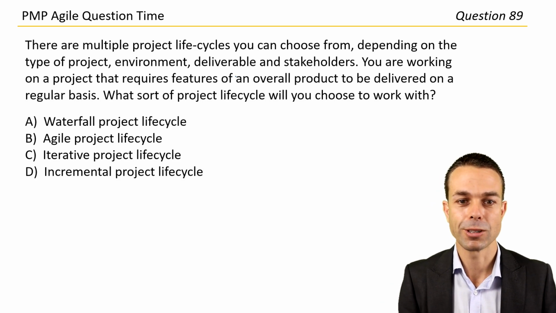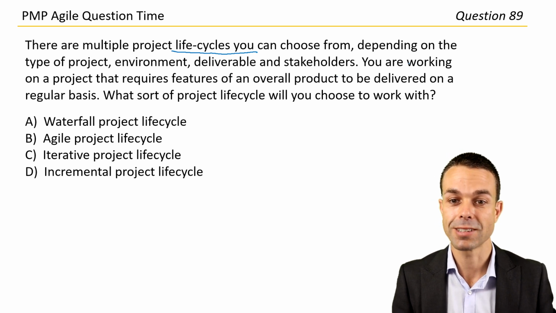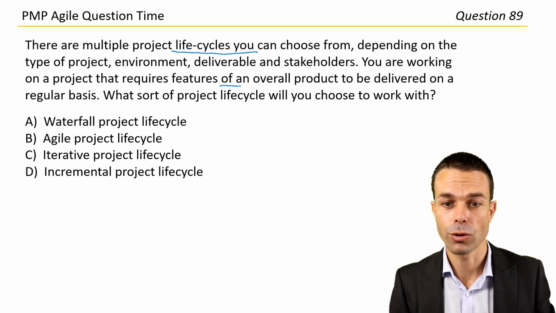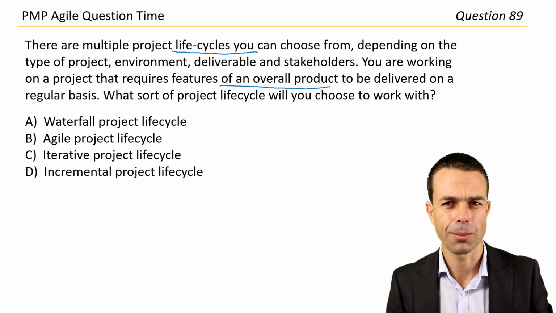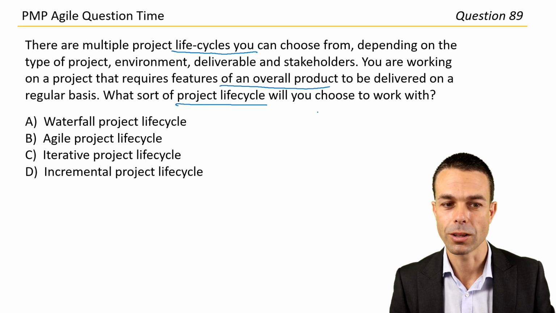There are multiple project life cycles you can choose from, depending on the type of project, environment, deliverable, and stakeholders. You're working on a project that requires features of an overall product to be delivered on a regular basis. What sort of project life cycle will you choose to work with?